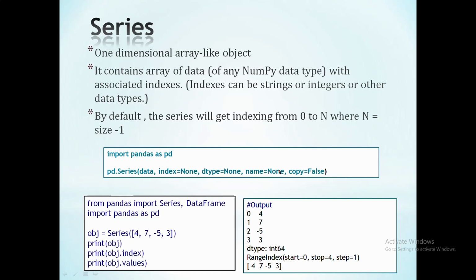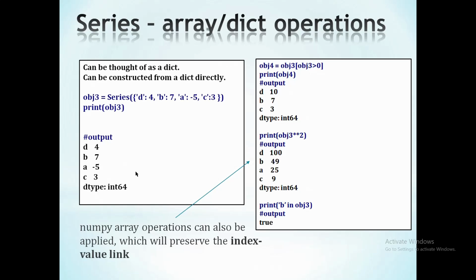All these are the attributes of the Series function. It is a one-dimensional array-like object. It contains an array of data similar to NumPy data arrays. It will be associated with an index which may be a string, integer or other data types. By default, the indexing will start from 0 to n.